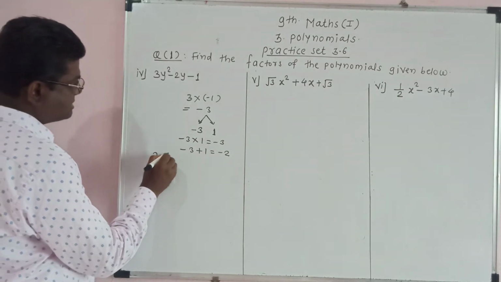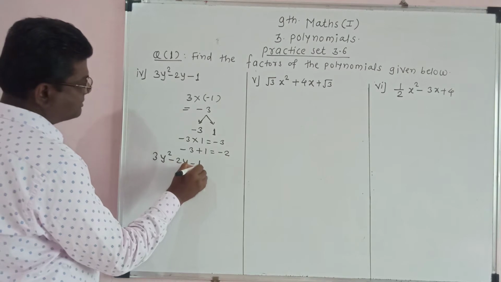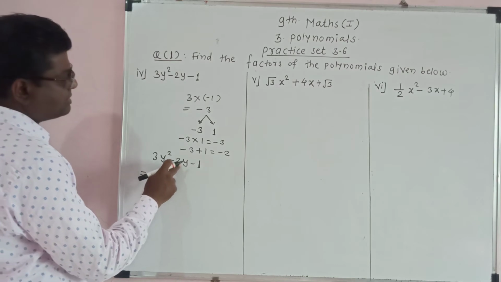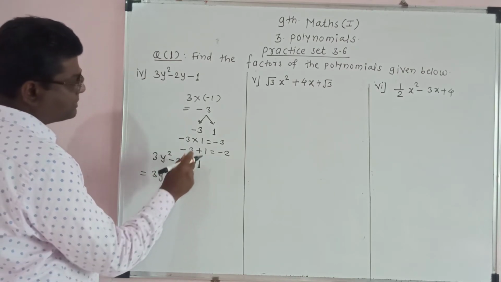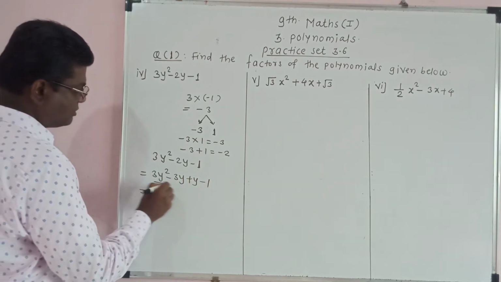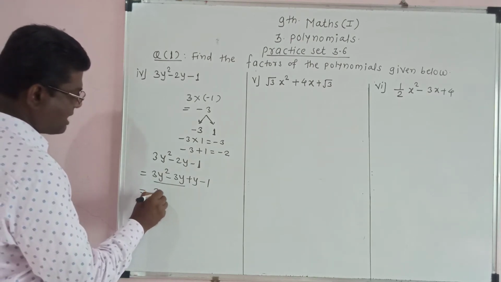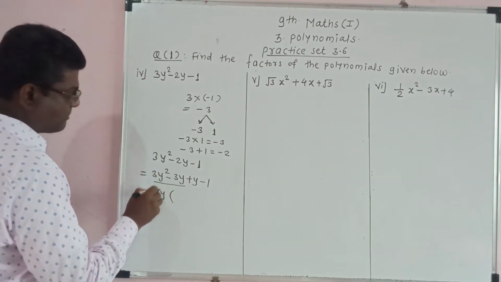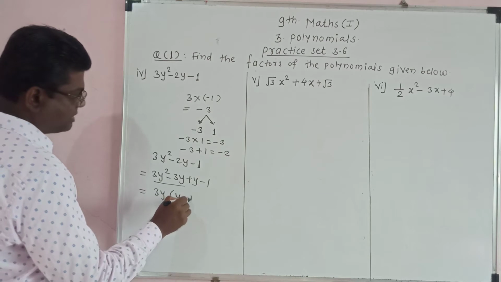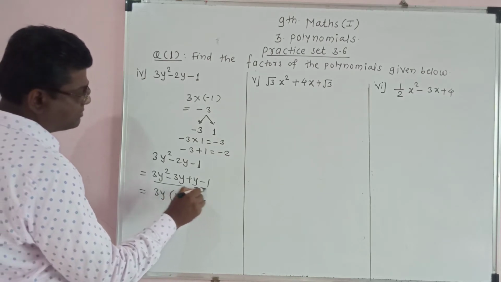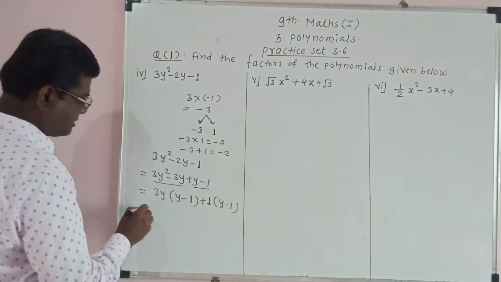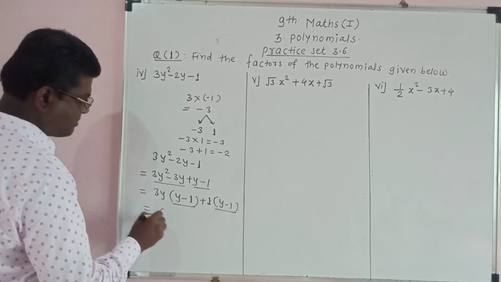Now let's solve. 3y² - 2y - 1 is equal to 3y². This -2y can be split up as -3y + 1y, that is we can write here + y - 1 is equal to, from these two terms we can take 3y common, in bracket 3y² upon 3y is y, -3y upon 3y will be -1, plus in these two numbers we can take 1 common, so 1 in bracket y - 1, is equal to y - 1 is the common bracket.